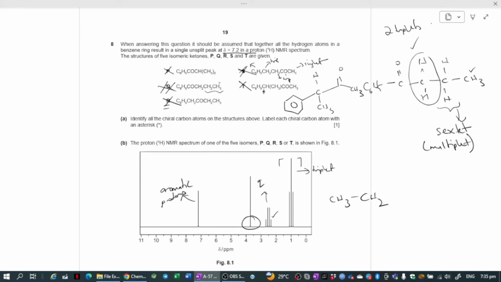This proton here, these CH3 protons, if I draw them out, it's 1, 2, 3. They will couple with this proton here to give a doublet peak. So T has to be an option, and let us also consider P. We have C6H5 bonded to C double bond O.